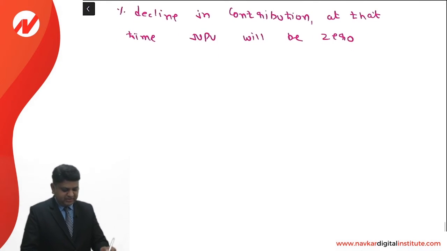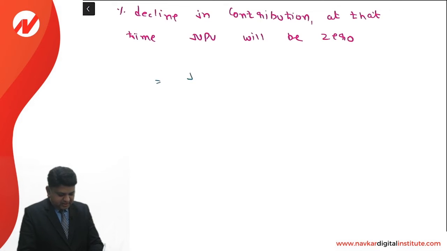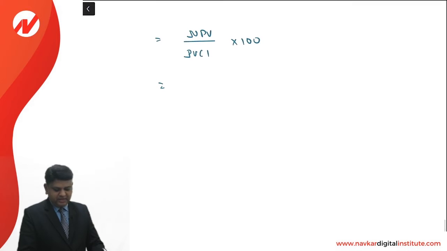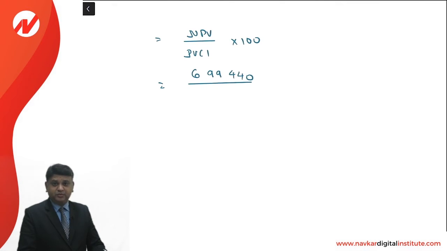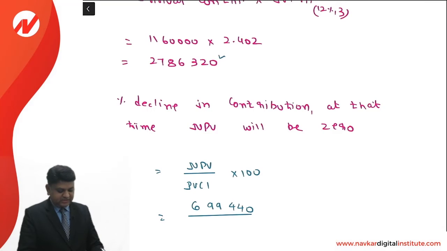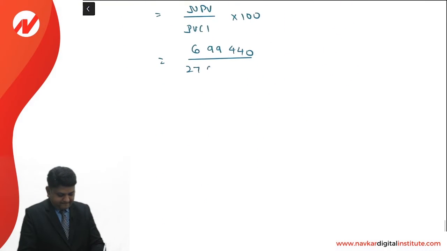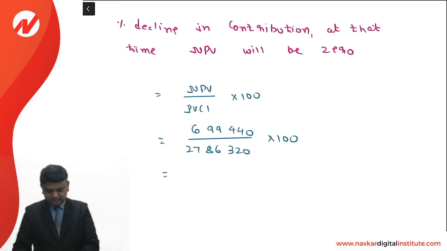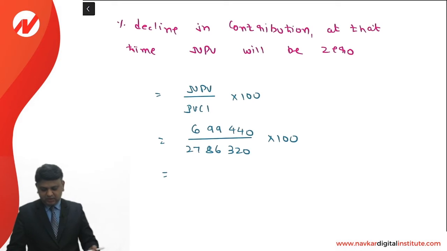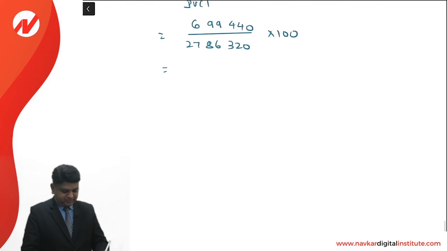Dear students, it is very simple to calculate. It will be found as NPV divided by present value of cash inflow into 100. The NPV is 6,99,440 divided by present value of the contribution, it is 27,86,320, into 100 for getting answer in percentage term. So the answer is 25.103%.